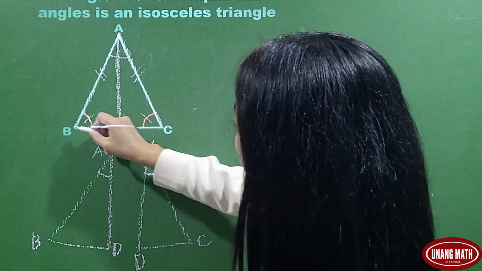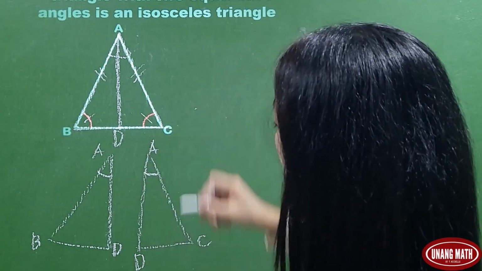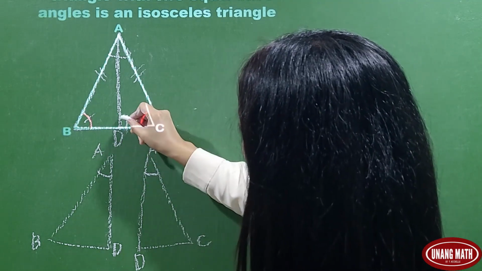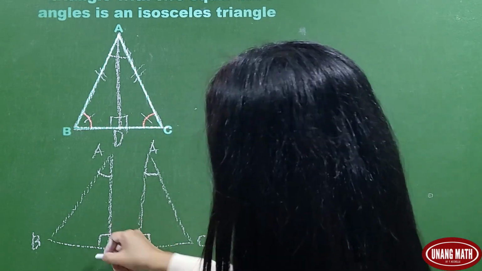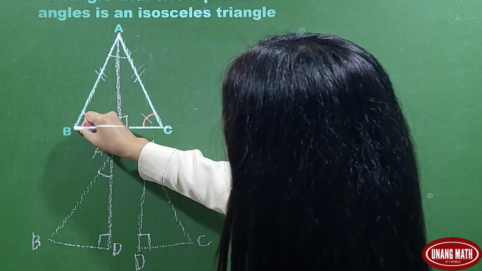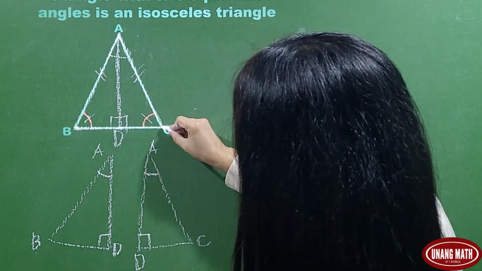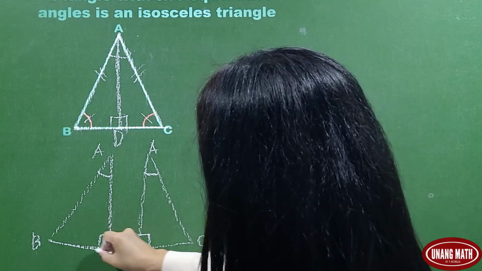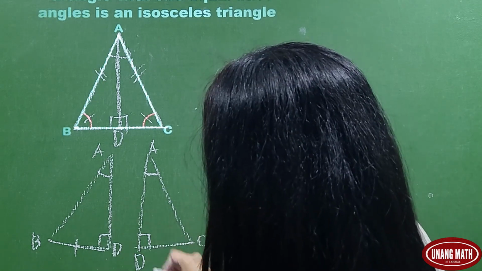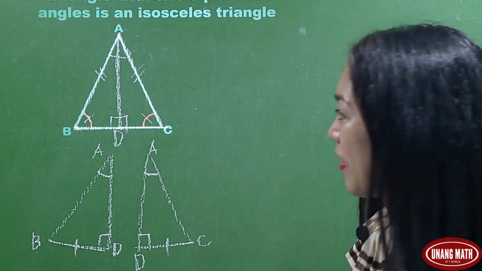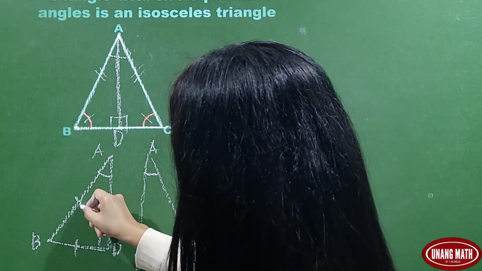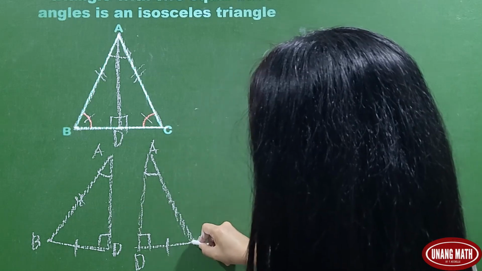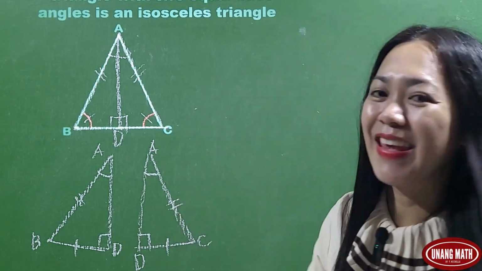Segment AD is perpendicular to segment BC, so this is a right angle, and this is a right angle. And segment BD is equal to segment CD. Therefore, side AB is also equal to side AC.